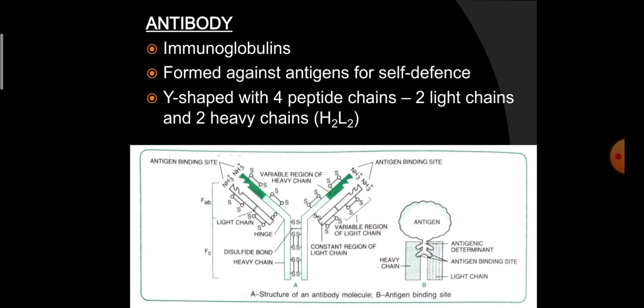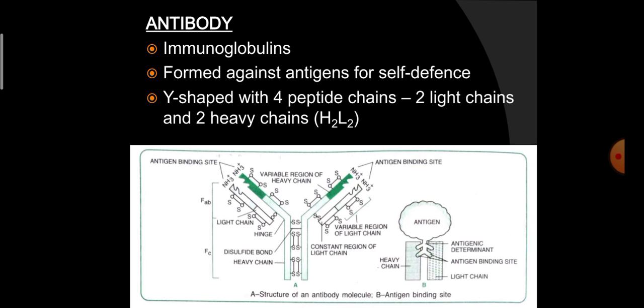Alright, so now coming to antibody. Antibodies are also known as immunoglobulins. They are formed for self defense against antigens. Whenever there is any antigen attack or pathogens enter the body, the self defense is the production of antibody.